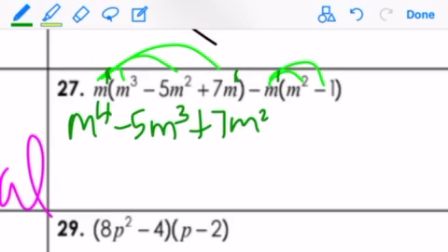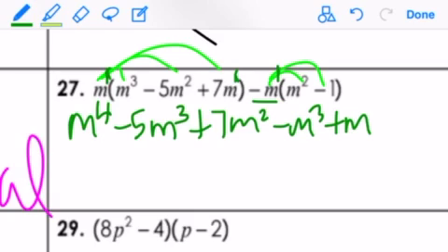Okay, and then next distribute, that's m to the 1, and that's negative m to the 1. So that minus, think of it as negative. So negative m to the first power times m squared is negative m to the third power. Negative m times negative 1 is positive m, or positive 1m.